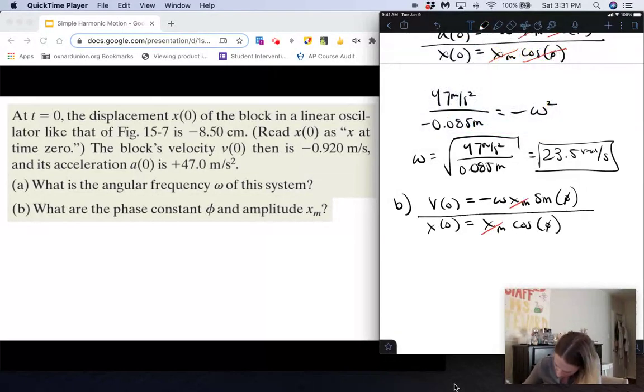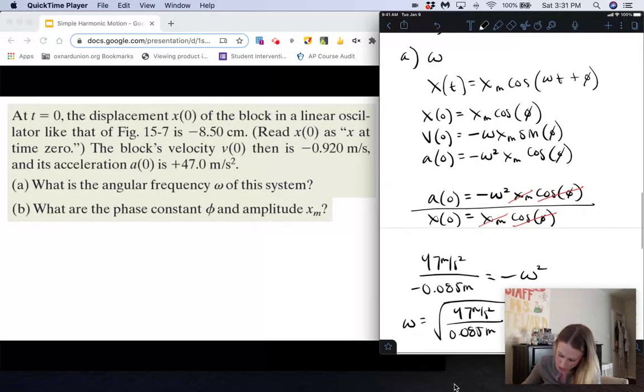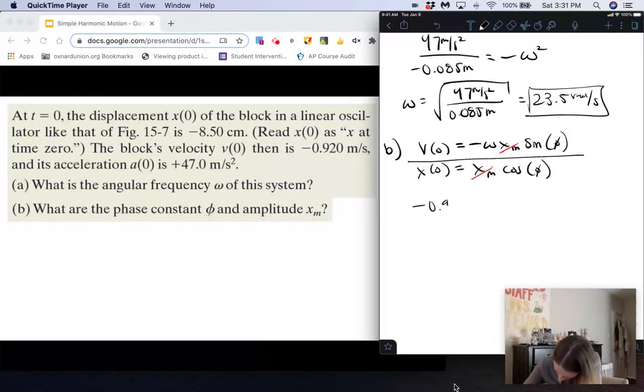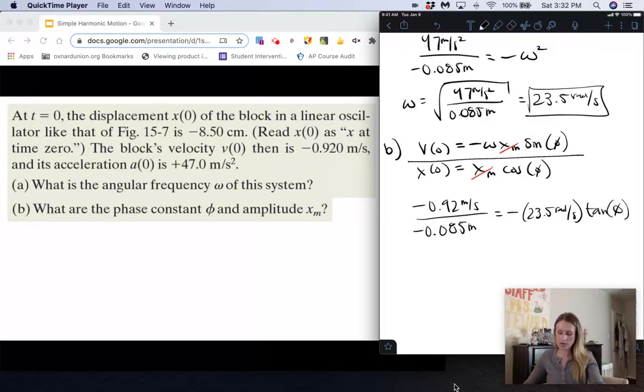And then I know that sine divided by cosine of the same thing is tangent. So what we end up getting here is velocity, which was negative 0.92 meters per second, divided by the position, negative 0.085 meters, equals negative omega, which was 23.5 radians per second, times the tangent of our phase constant.